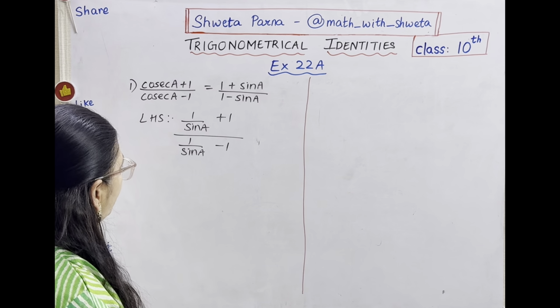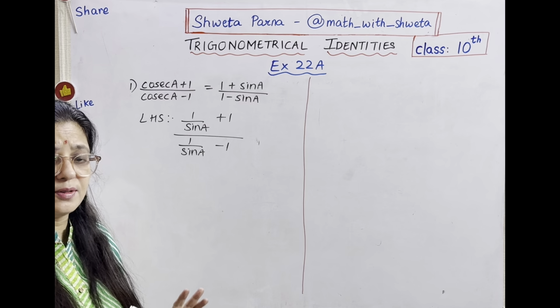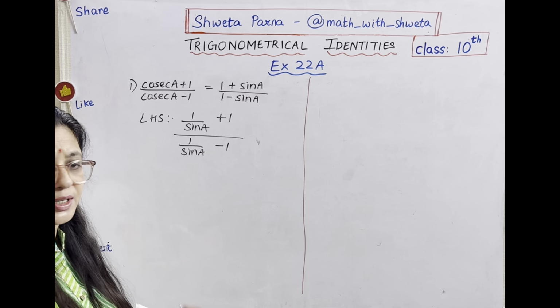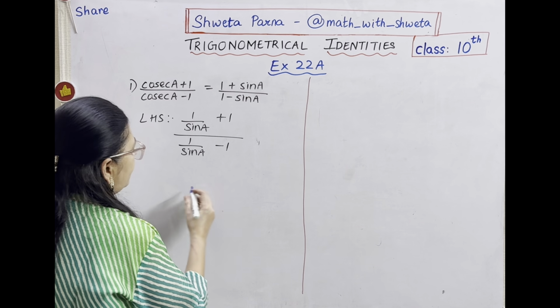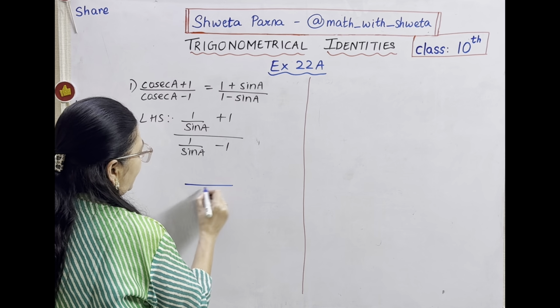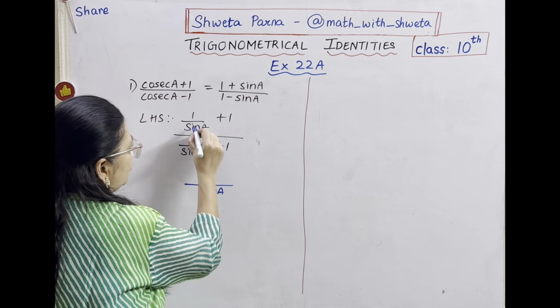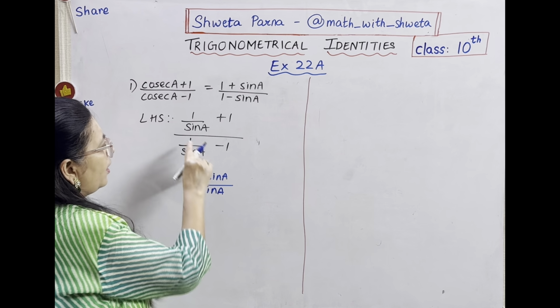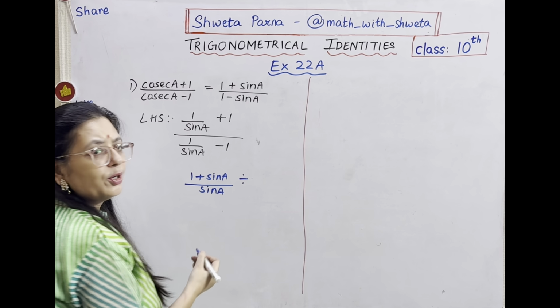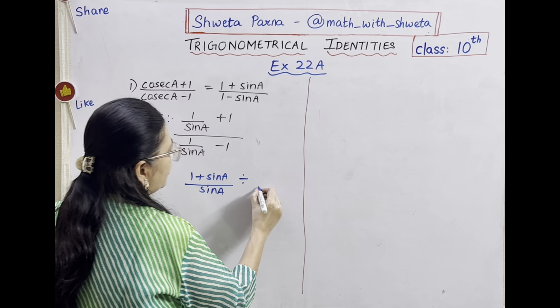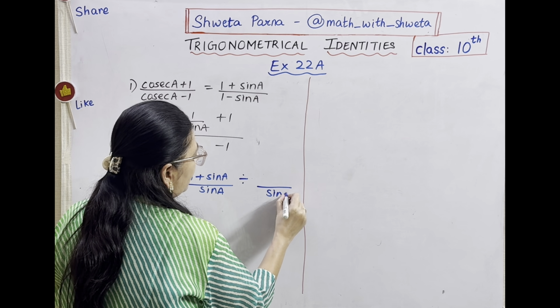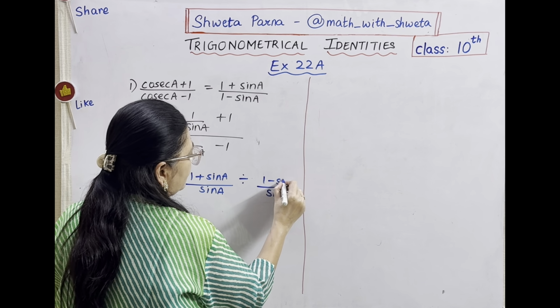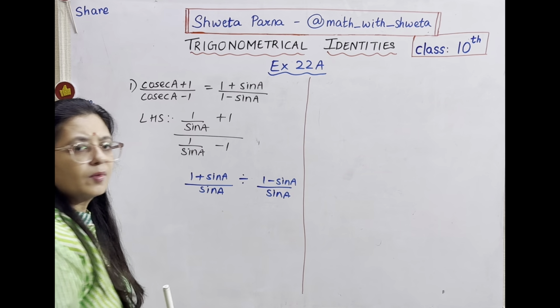Now after that, what are you going to do? Addition, subtraction you can do only if the fractions are like. So let's take the LCM. The LCM for this is sin A. So this will become 1 plus sin A. I'll put the division sign here so that you don't get confused. Over here the LCM is again sin A and it is 1 minus sin A. Clear?